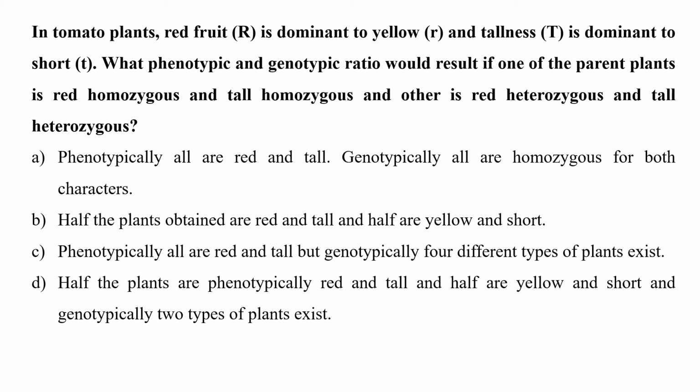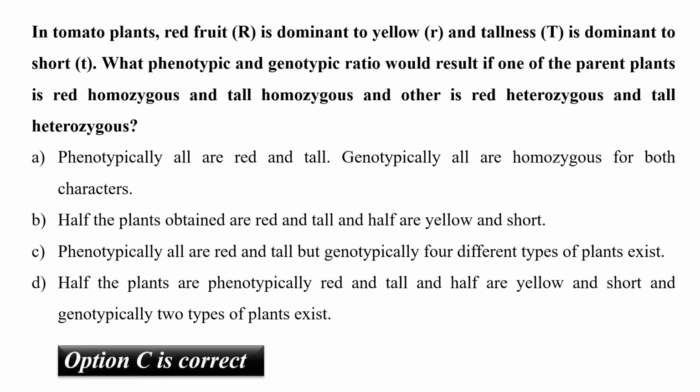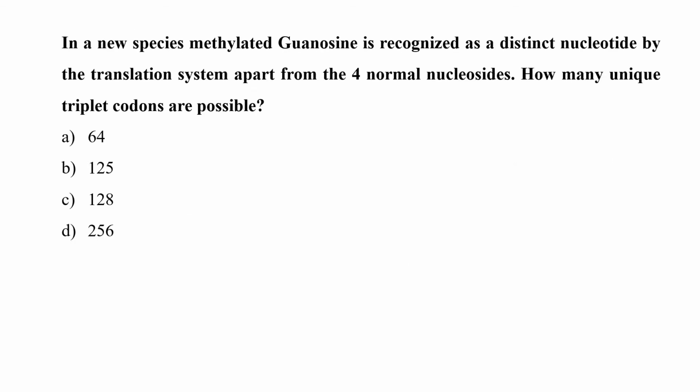That is, it will show red and tall traits phenotypically. But since the other parent is heterozygous for both these traits, genotypically there will be 4 different types of plants that exist. So looking at the options, option number C, phenotypically all are red and tall, but genotypically 4 different types of plants exist, is going to be the correct answer.